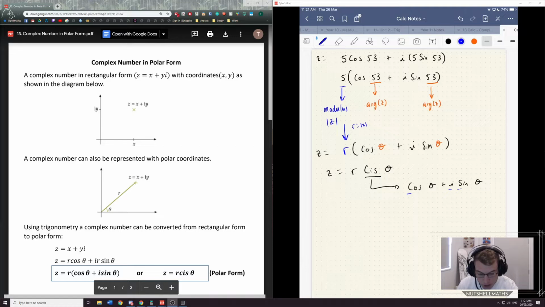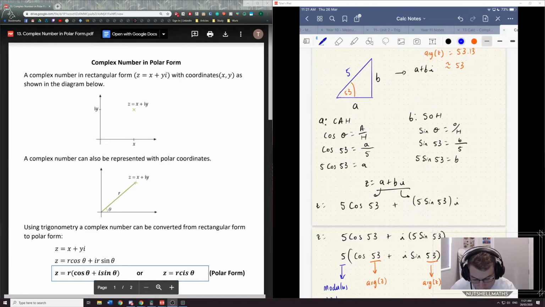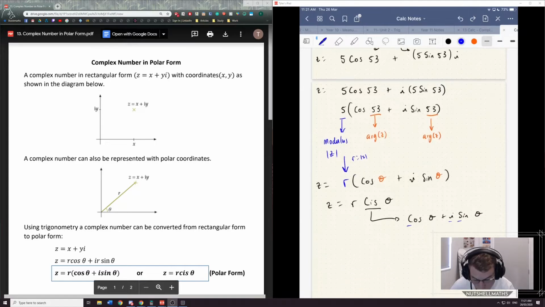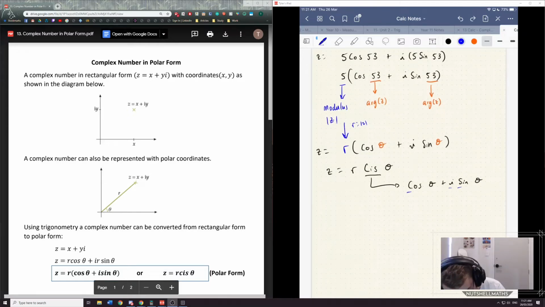So now we've transitioned. I know we've done a lot, but we've essentially transitioned from any complex number written in this form, a plus bi, all the way to this form. And now we have two different ways to write a complex number. This form we call polar form, and it's in the form of r cis theta.